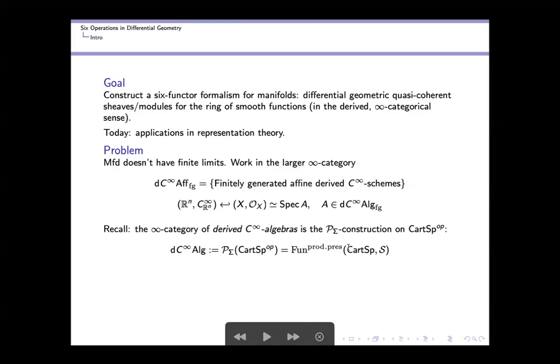If you do this not for Cartesian spaces and smooth maps, but for affine spaces and polynomial maps, then you just get back the usual category of algebras. But these rings have more structure. They're commutative rings over the reals, but they have an extra functional calculus for smooth functions.